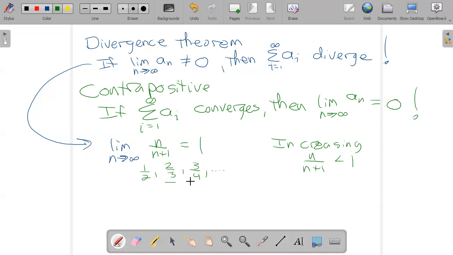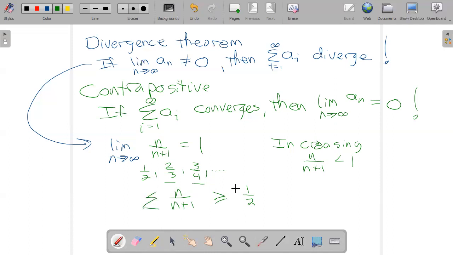Now, each of these numbers here, since it's increasing, they're greater than the first term 1/2. So in general, n over n plus 1 is greater than or equal to 1/2 for all n, because the first one is equal to.